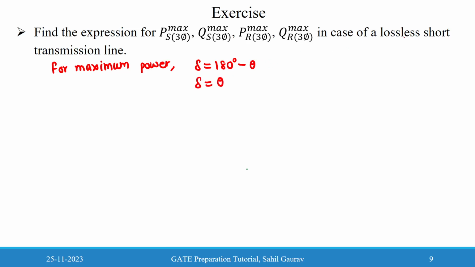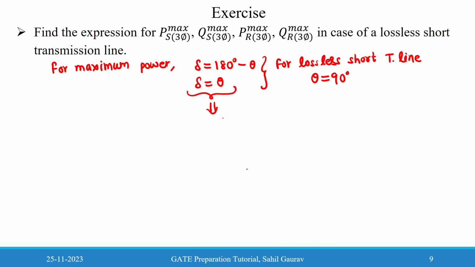But for a lossless transmission line, we know that theta is equal to 90 degree. So in both cases you will get delta equal to 90 degree.